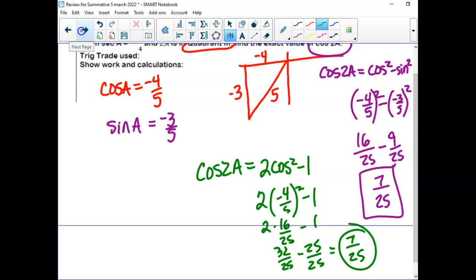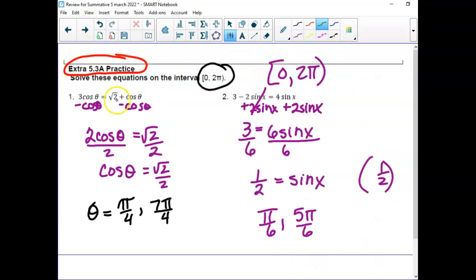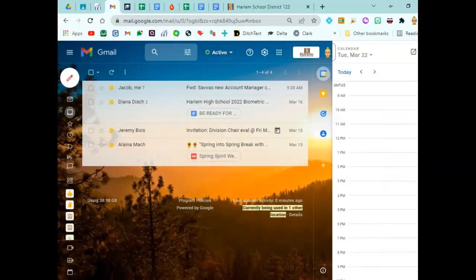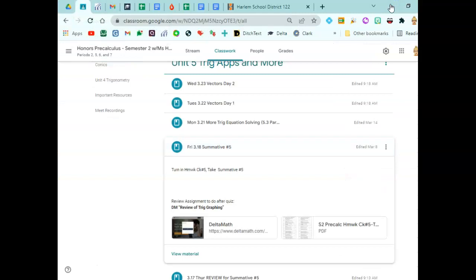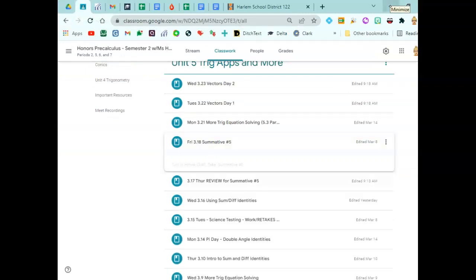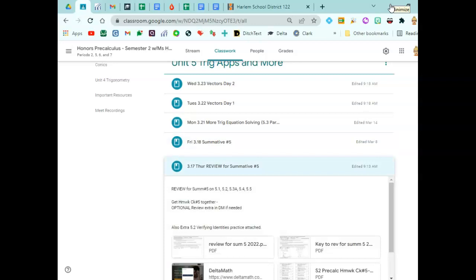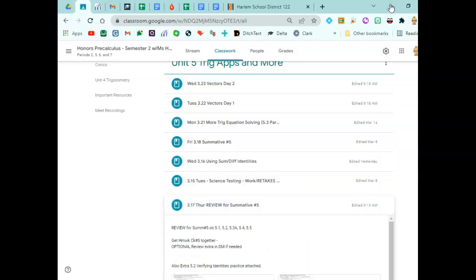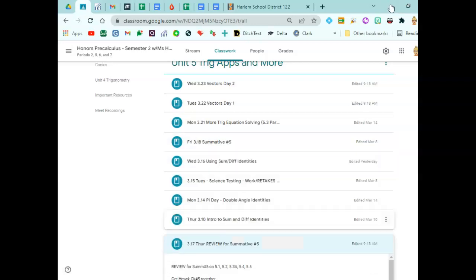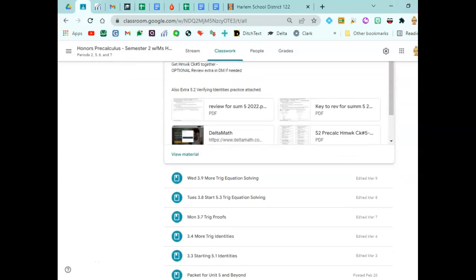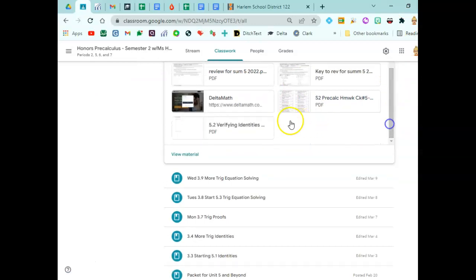All right, 2 things for extra practice. There is a Delta Math called Optional Review, but there is also in the Google Classroom, guys. At the bottom of today's post, I attached an extra worksheet.